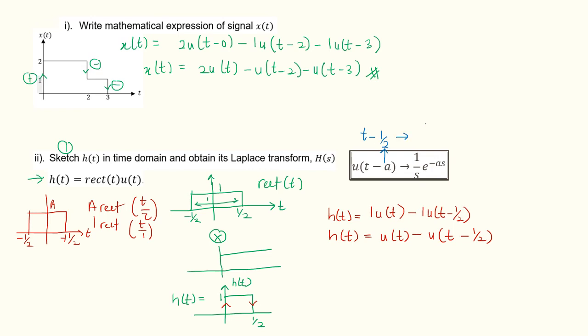So it is equal to 1 over s e negative, a is positive half, so 1 over 2s. Here your Hs equals ut, which is 1 over s, minus ut minus half, which is 1 over s e to the minus s over 2. So this is your Hs.